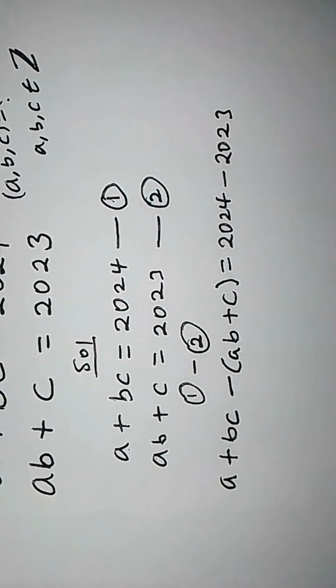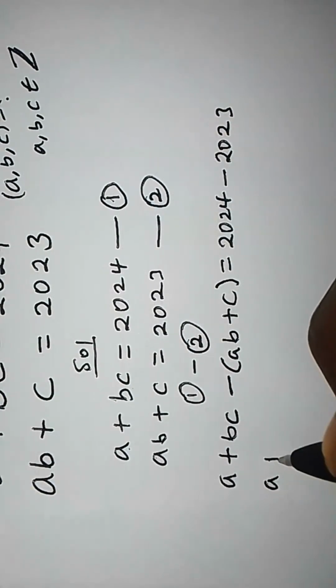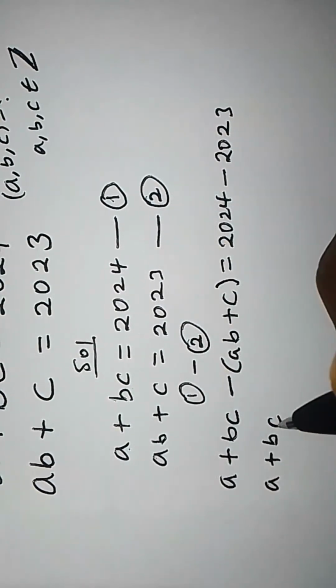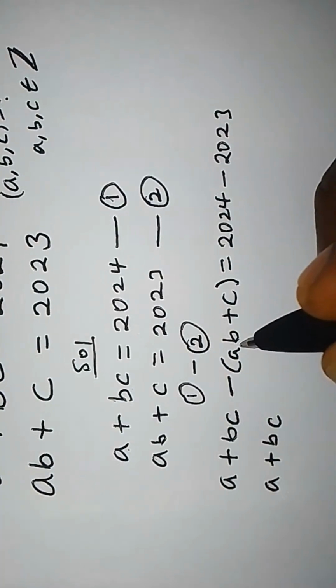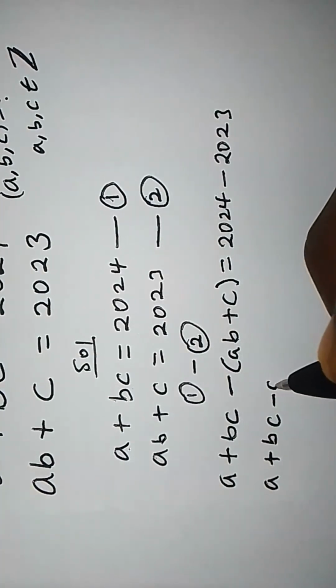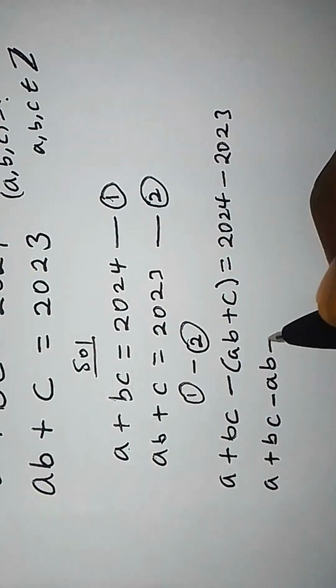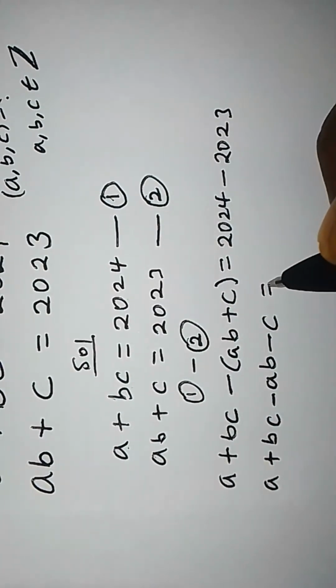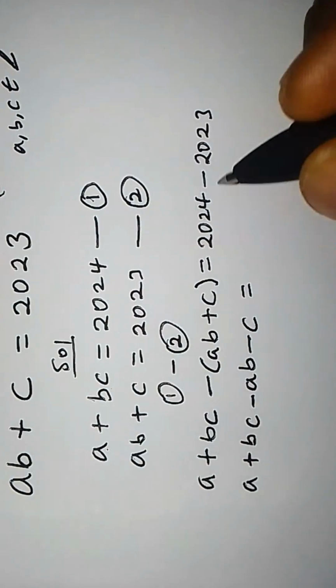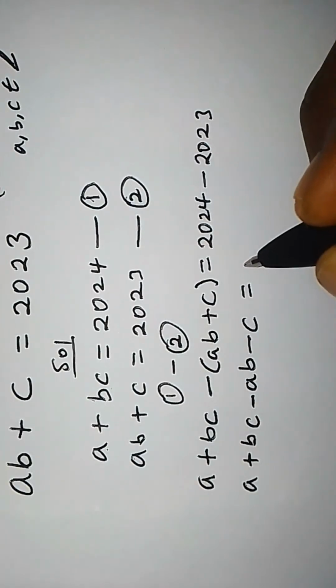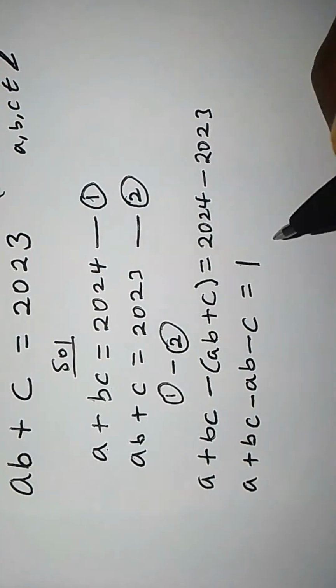Let's continue. A plus BC minus AB minus C equals 2024 minus 2023. That is simply 1.